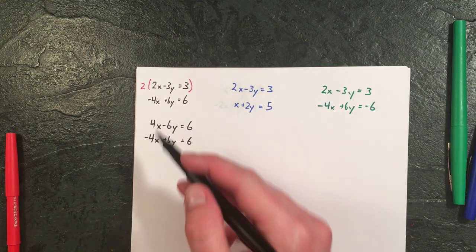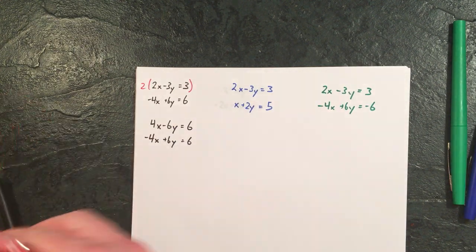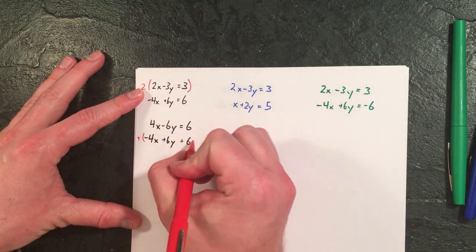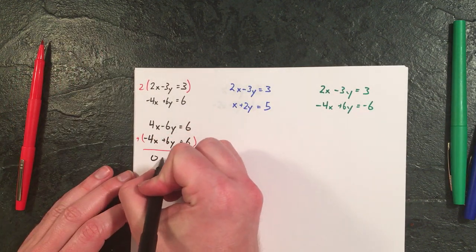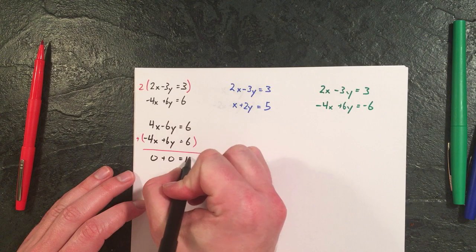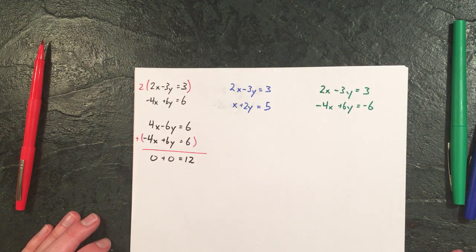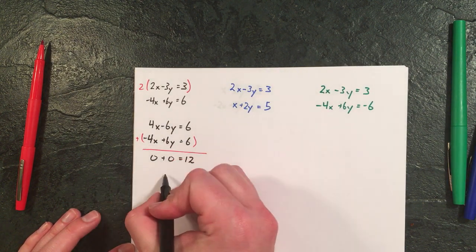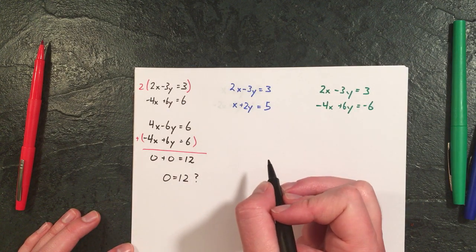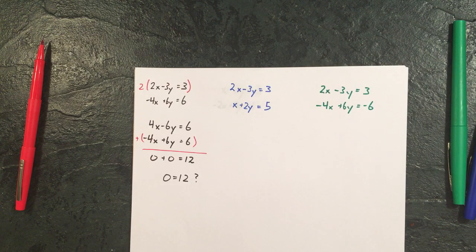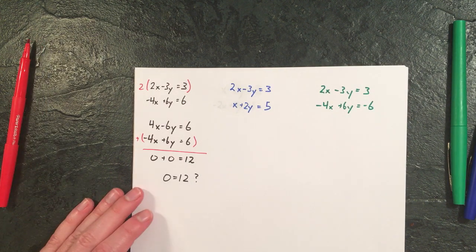If we combine these and add both of these together, that leaves us with 0 plus 0 equals 12, which is kind of a strange result. Pretty sure 0 doesn't equal 12. Huh. We'll get back to what that means in a second.